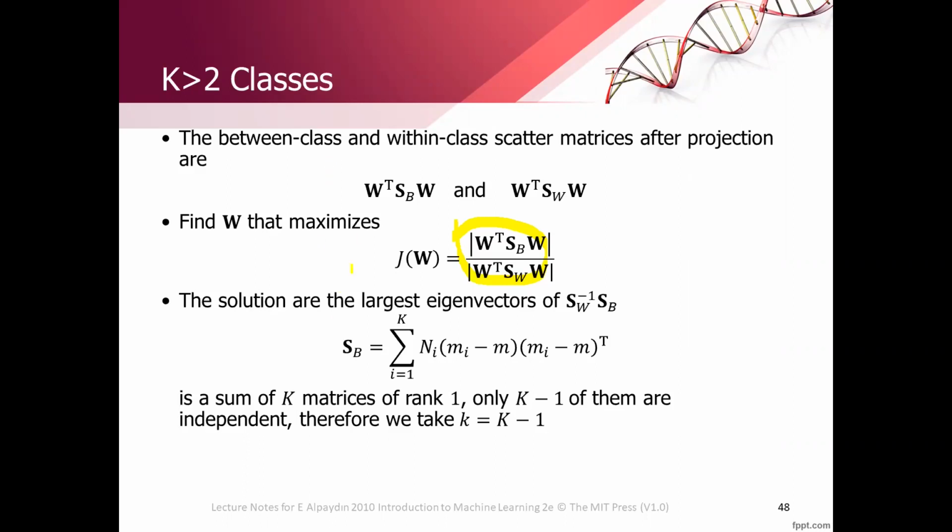Usually we know that the between class scatter is a sum of k matrices, one scatter for each class, and usually the target number of dimensions is set to capital K minus 1. But in general, it can work for a different number of dimensions.